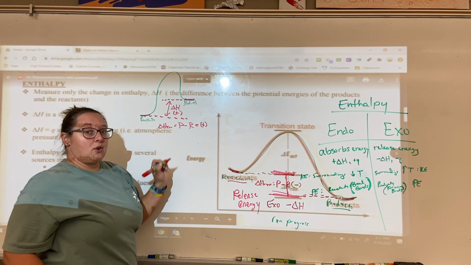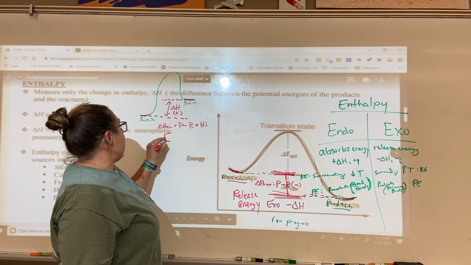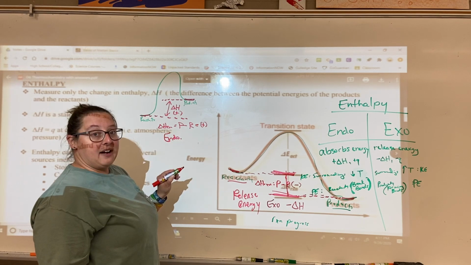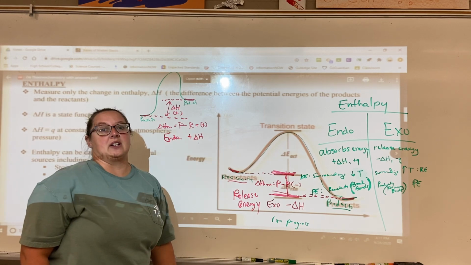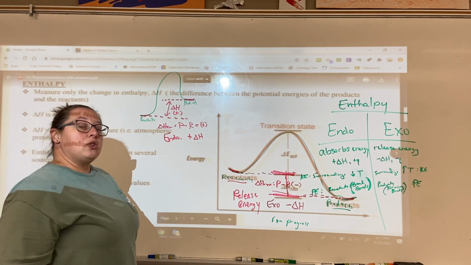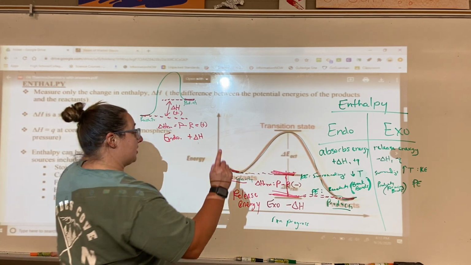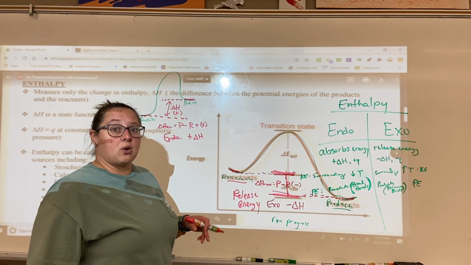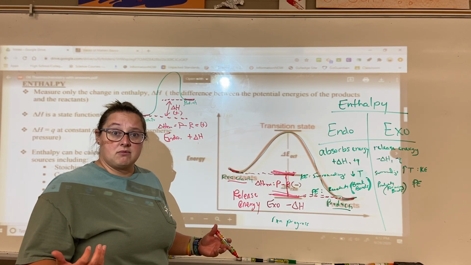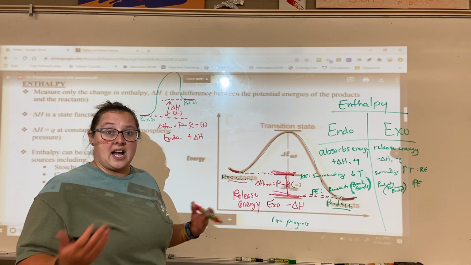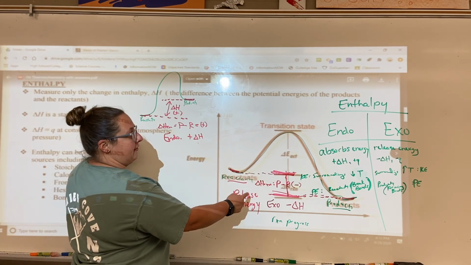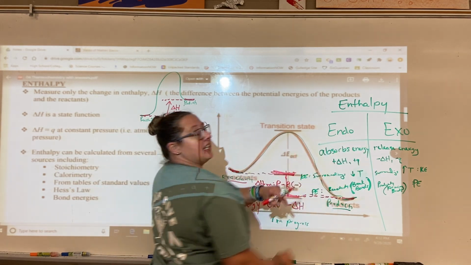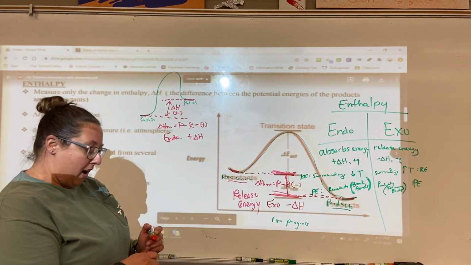And so therefore, this is an endothermic graph, and it gets a positive delta H quantity as a result. So you should be able to either sketch a graph according to a delta H given, whether it's positive or negative, endo or exothermic, or you should be able to look at a graph and determine if it is endo or exothermic based upon that.